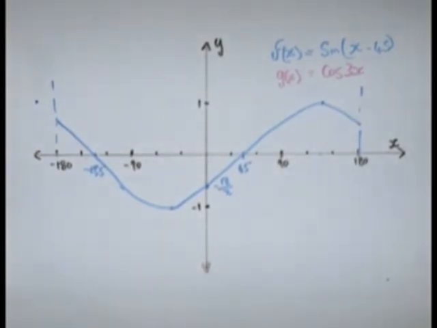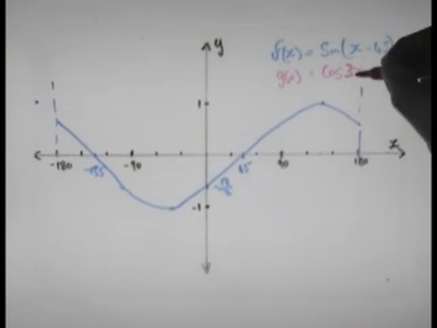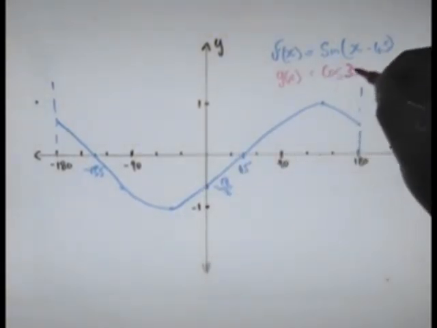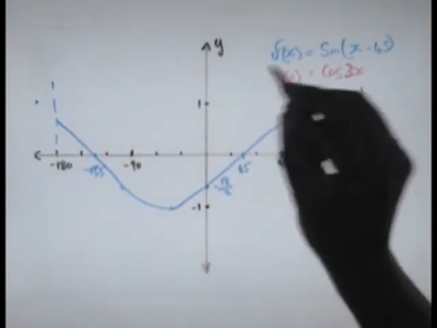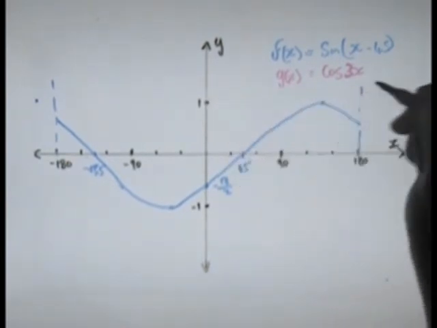The next graph, g of x, is going to look at the standard cos graph, except it's 3 times compressed. So it's cos of 3x. When x is equal to 0, cos of 0 is 1, so that point is fine.